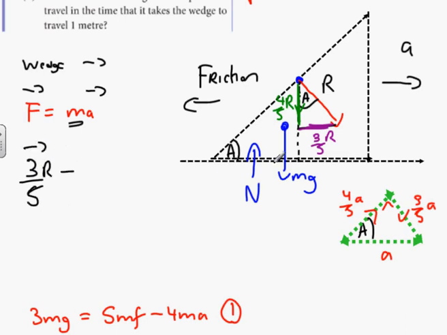What's opposing it? Friction is opposing it. So friction is mu R, or in this case, it's N. So it's going to be mu N, which is N over 2. Okay? Equals ma. What's the mass? The mass is m, and the acceleration is a.